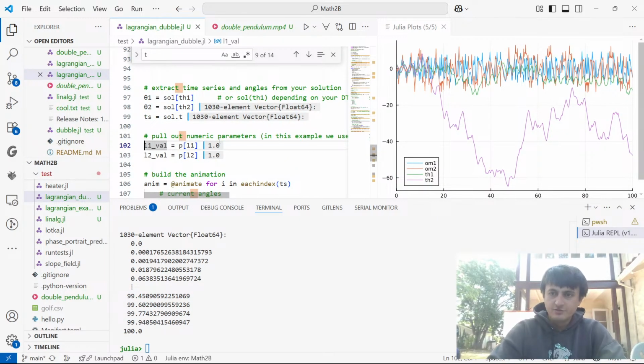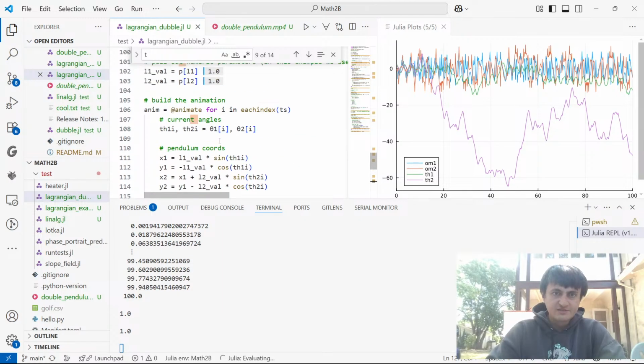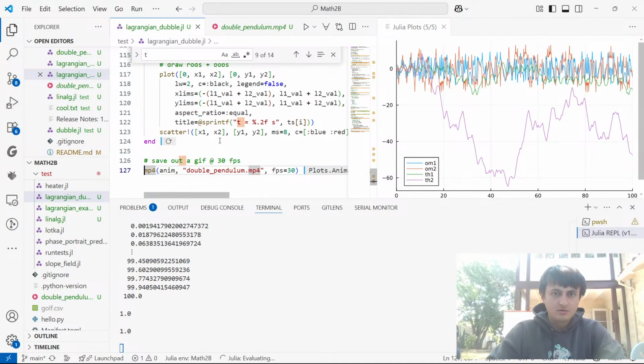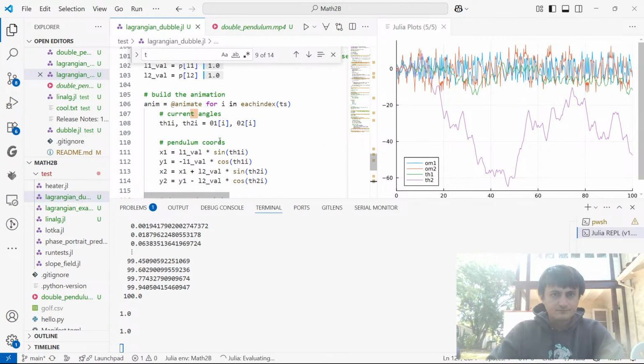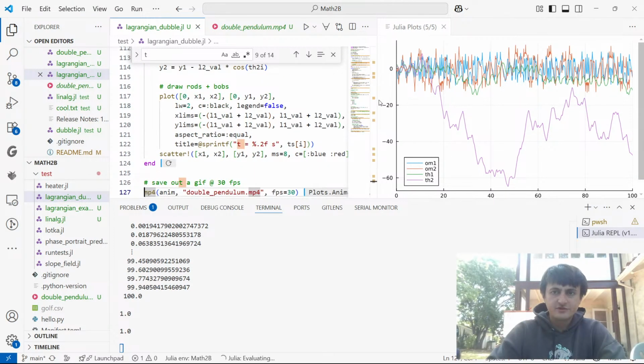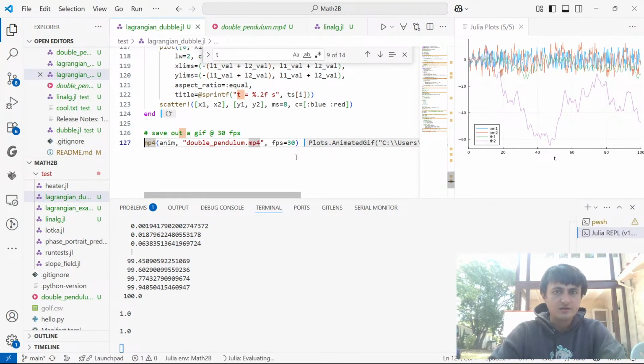Oh, theta 2. What happened there? This needs to be faster to animate, bro. Why is it so slow? I feel like there's got to be a faster way to animate this. There's no way it takes this long.